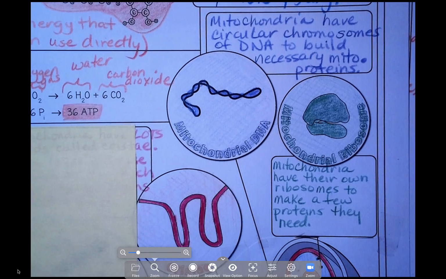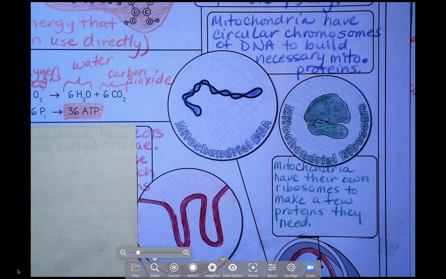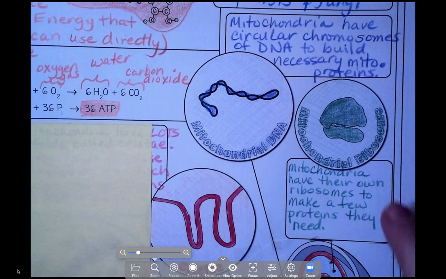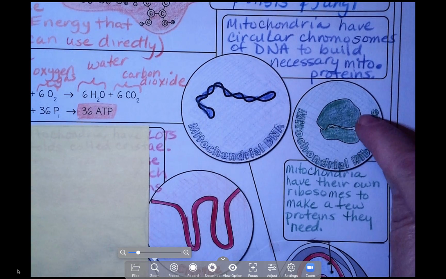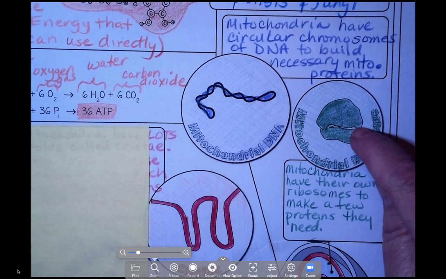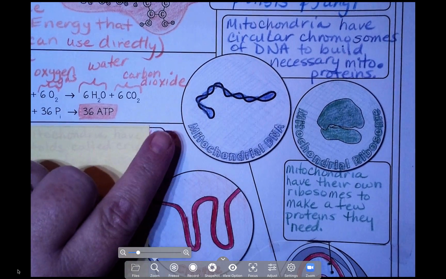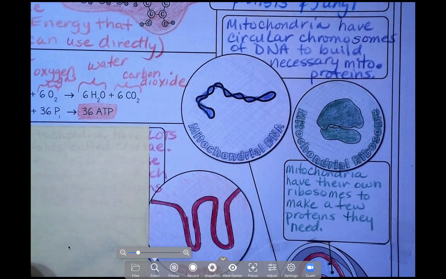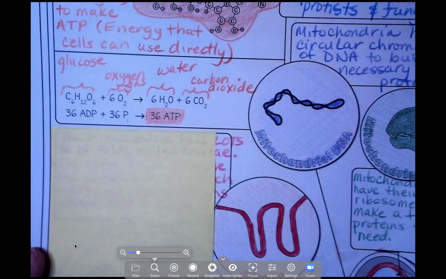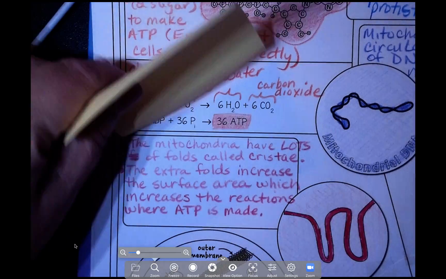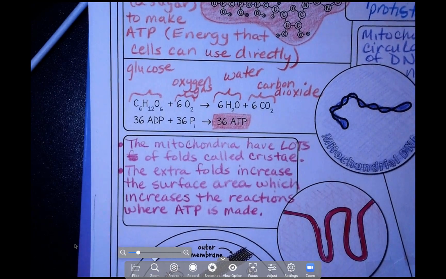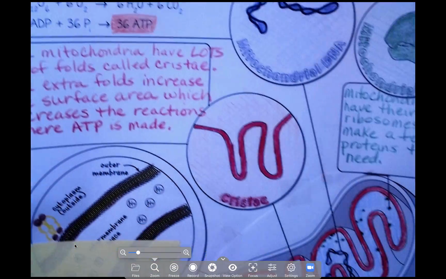So the mitochondria are also able to make their own ribosomes in order to make the proteins that they need. Okay, so again, we see that the ribosomes are two parts, two subunits. We can see here that the mitochondria have some DNA.